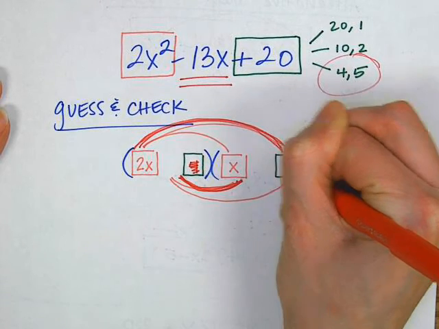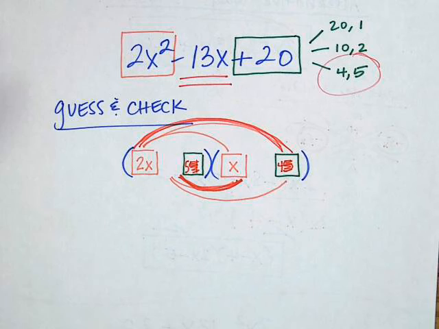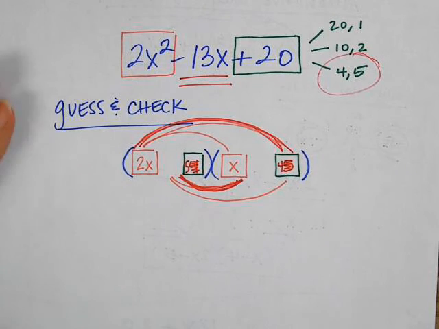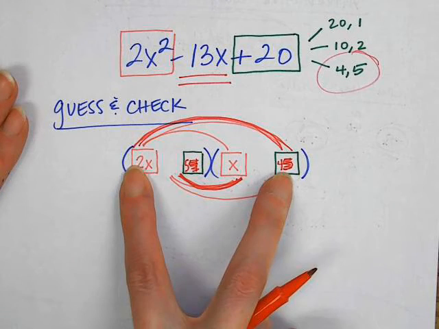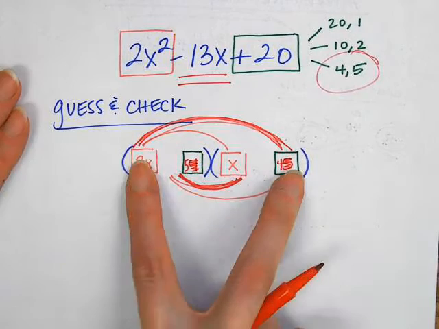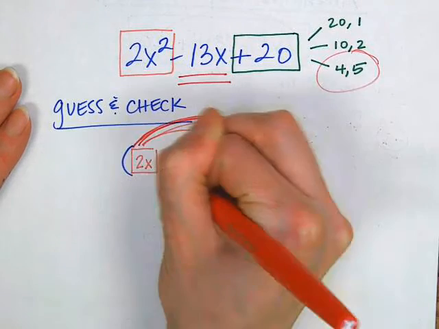Let's try switching the order, so 5 and 4. So this is 5. This is 8. 5 plus 8 could add up to negative 13 if they're both negative.